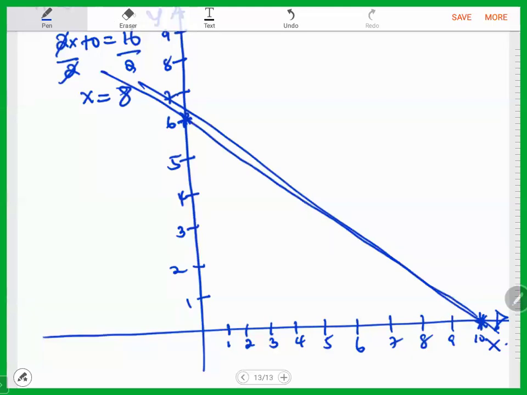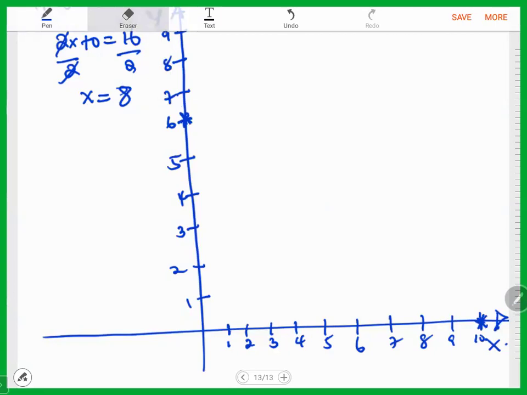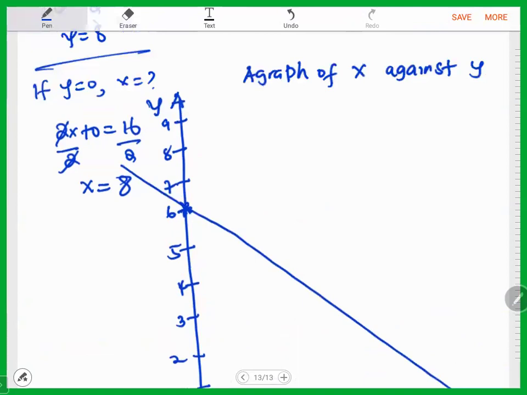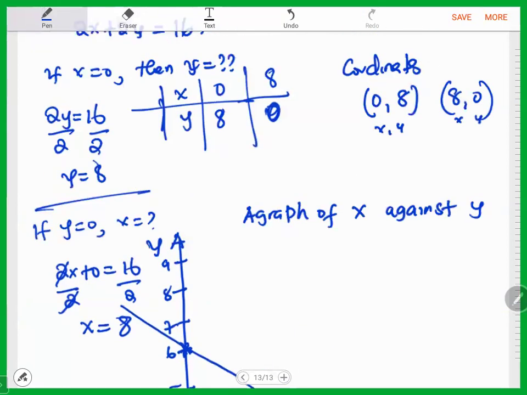That is the line. The name is 3x plus 5y is equal to 30.